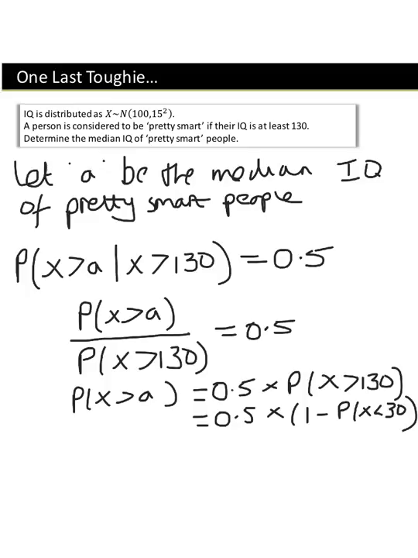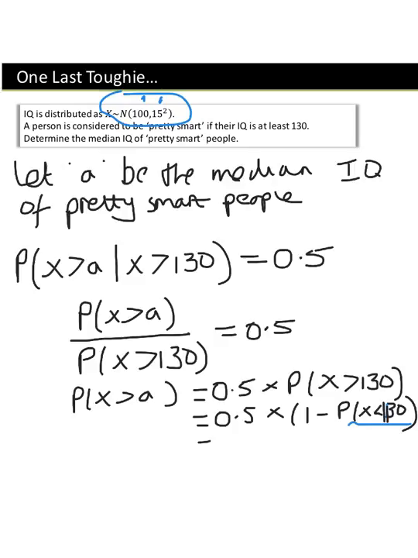And you can see here we're going to use our normal CD button and the mean here, which is 100, and a standard deviation of 15, and we'll put that into our calculator to work out that value there. Sorry, that should have been 130.